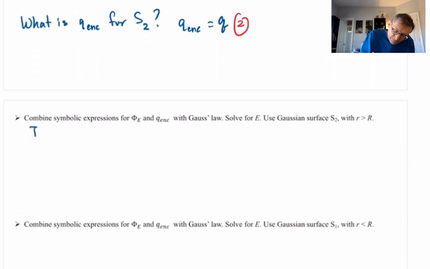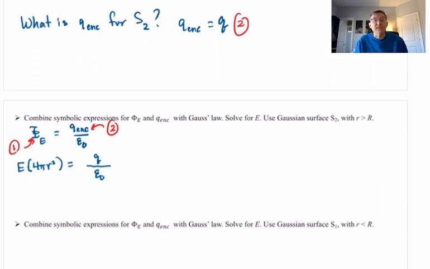And now we'll use Gauss's law. We combine the symbolic expressions for electric flux, that's equation 1, and enclosed charge, that's equation 2. Let's see what we get. So we have E magnitude times 4 pi little r squared equals the total Q of the shell over epsilon 0.